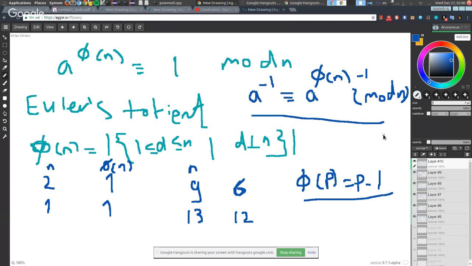So this is another way to calculate it: we get phi of n and compute this exponentiation. Here I'll just give the formula for phi, and I will explain in one of the later lectures why the formula is like that and why this theorem is true. It's called Euler's theorem.